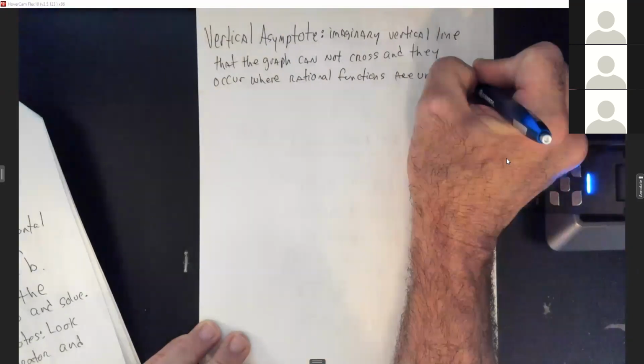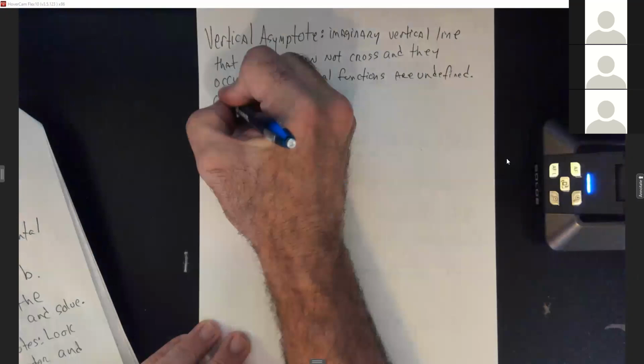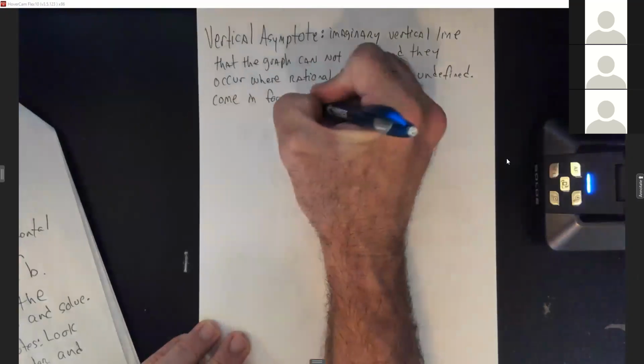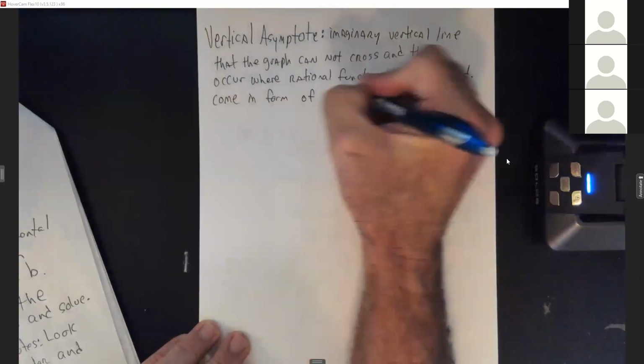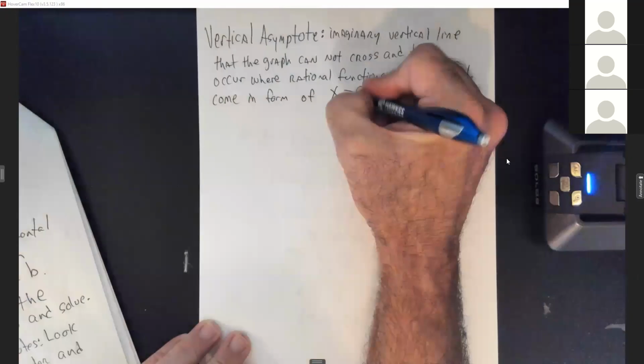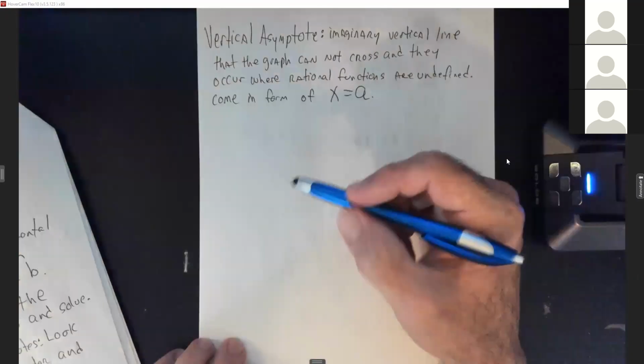They come in the form of x equals some number. So remember, since they're vertical lines, they got to be x lines, okay?